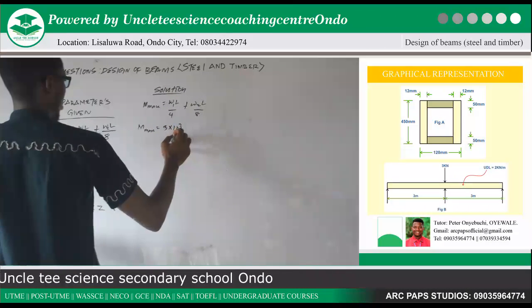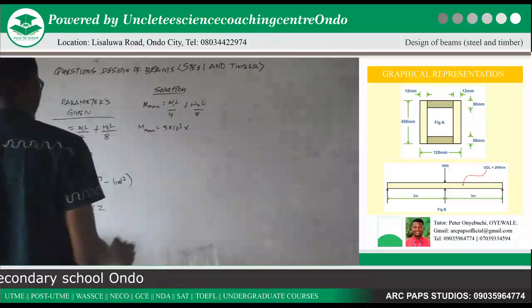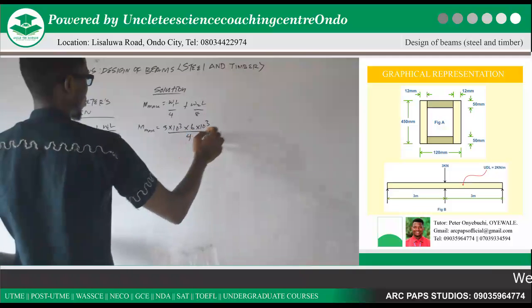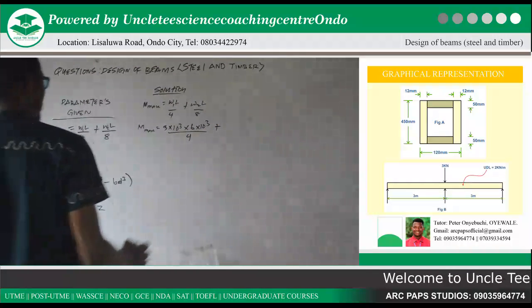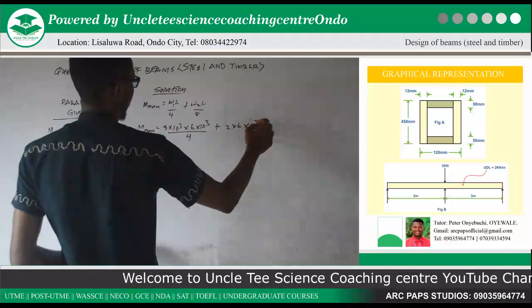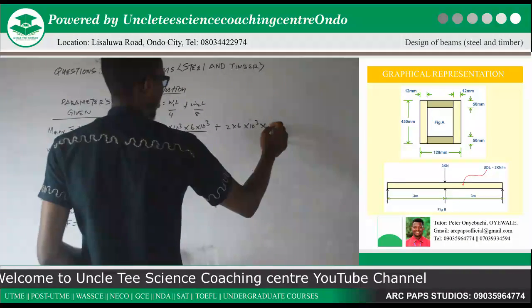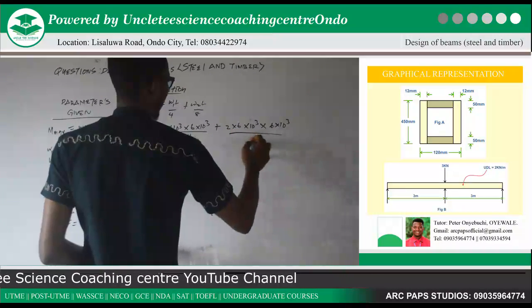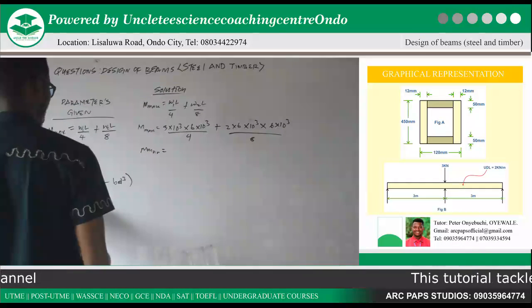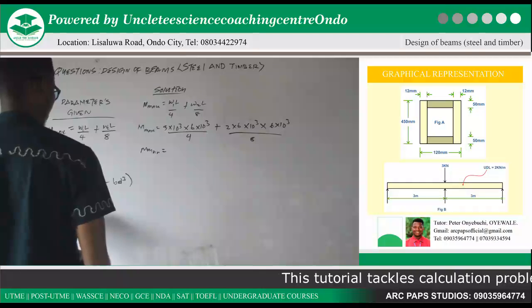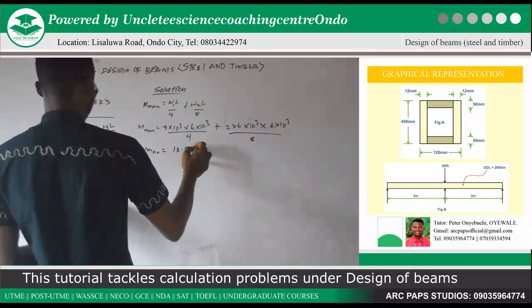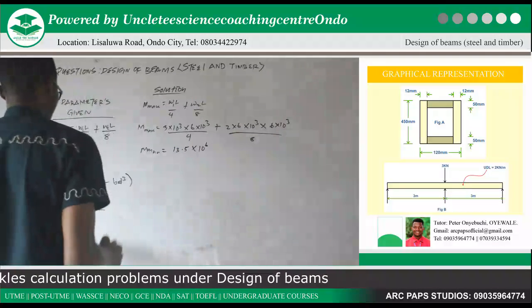Now our M max will give us, from the parameter, our W1 is 3 times 10 raised to the power 3 because of the conversion, times 6 times 10 raised to the power 3 divided by 4, while our W2 is 2 times 6 times 10 raised to the power 3 times 6 times 10 raised to the power 3. Now you can see why I multiply, because that's a UDL load. Now that one divided by 8. Now using your calculator, our M max will then give us 13.5 times 10 raised to the power 6.